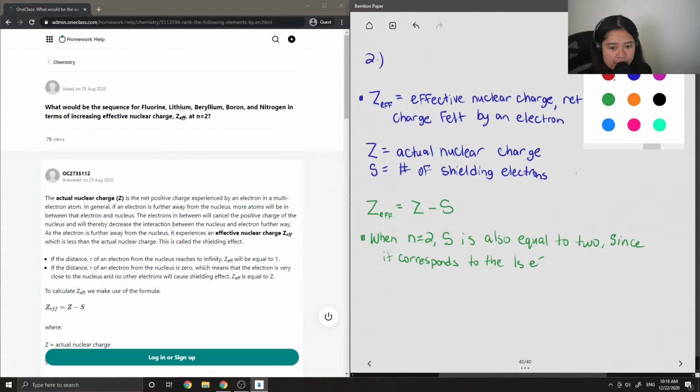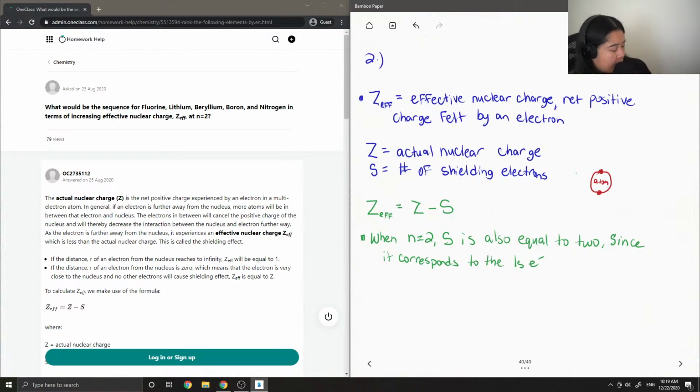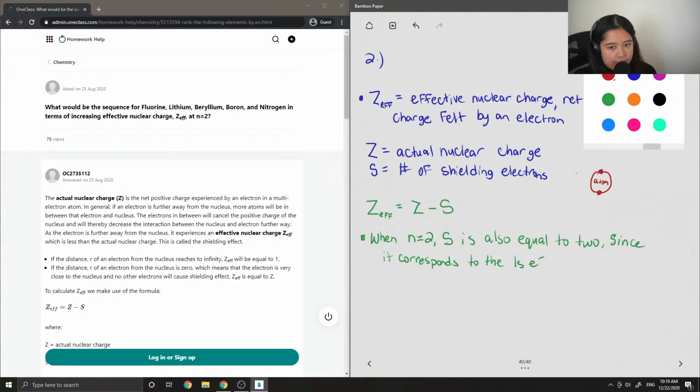Okay, so let's pretend we had like an atom. And then those are our 2 electrons. Okay, so basically we just need to look at all of the other Z nuclear charge values of fluorine, lithium, beryllium, boron, and nitrogen.